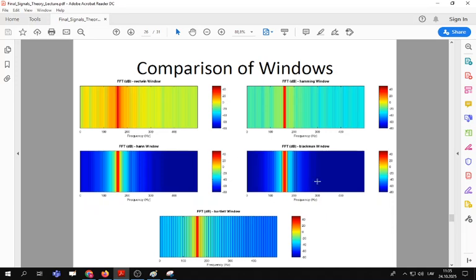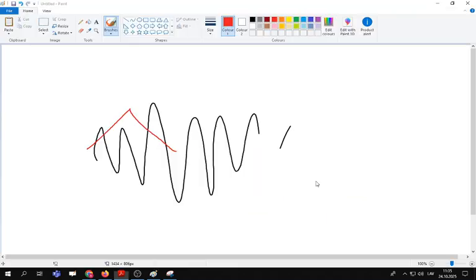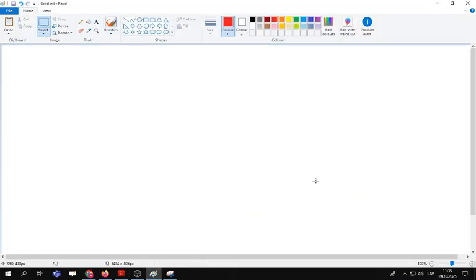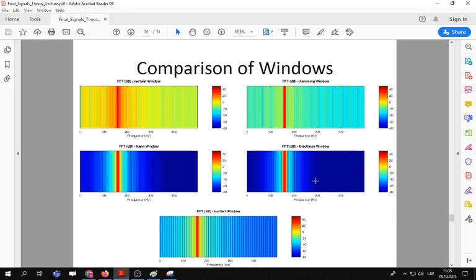So here you can see some more spectrograms when I used as an input signal just a harmonic wave at a specific frequency. No, wait, sorry. This is the spectrogram of the window.